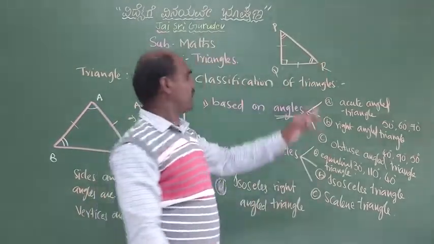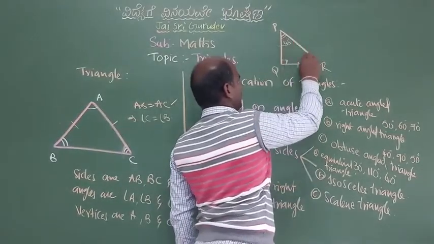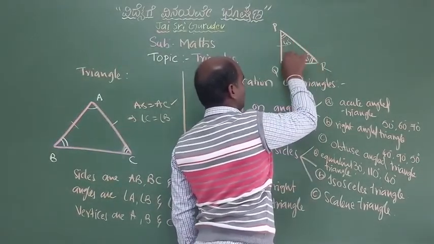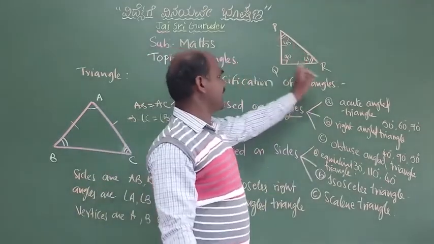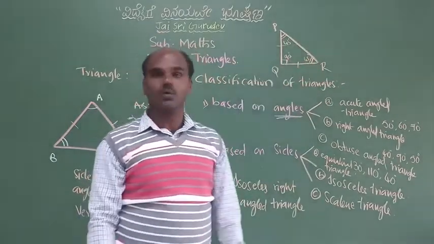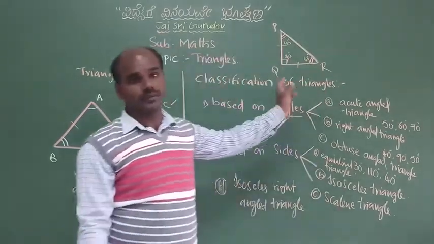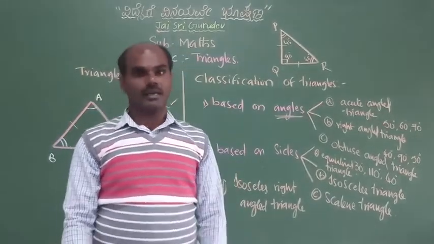With one angle at 90 degrees, the other two are 45 degrees each. The sum of the three angles is 45 plus 45 is 90, plus 90 is 180. So this triangle is called an isosceles right angle triangle.